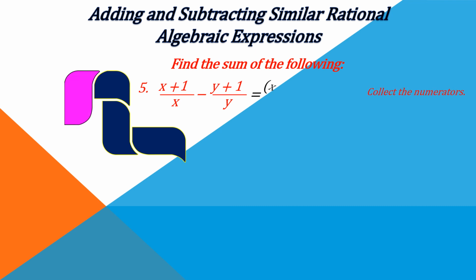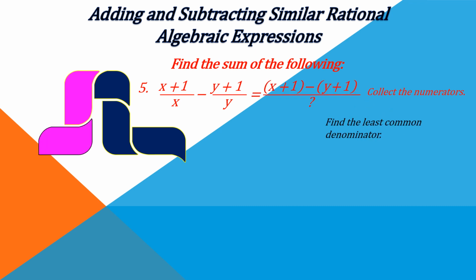This is equal to quantity x plus 1 minus quantity y plus 1 over question mark. Find the least common denominator is our next step. And our common denominator, as I have told you, the easiest way to find the common denominator is just multiply them. And it is x multiplied by y. So our common denominator is xy.